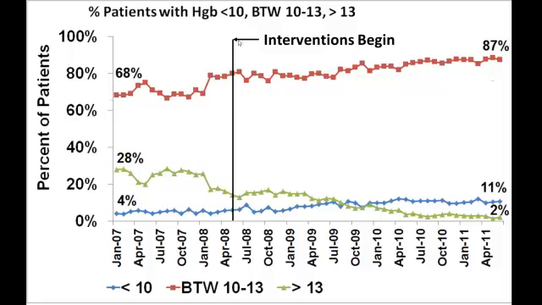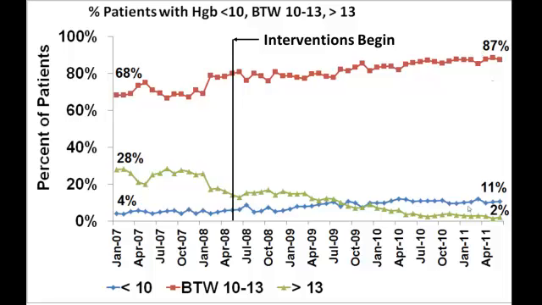The formal intervention and rollout began about here. We had been on the increase by decreasing the number of patients that were really high. Since the intervention began, we've made a steady increase up to having near 90%, and I believe now over 90% of the patients in the hemoglobin range.